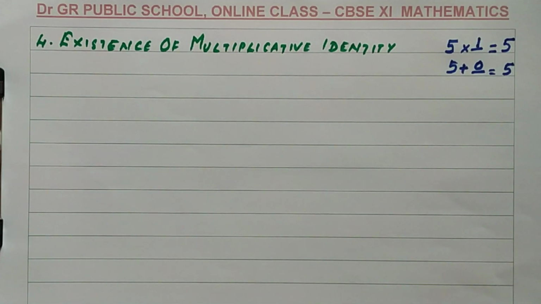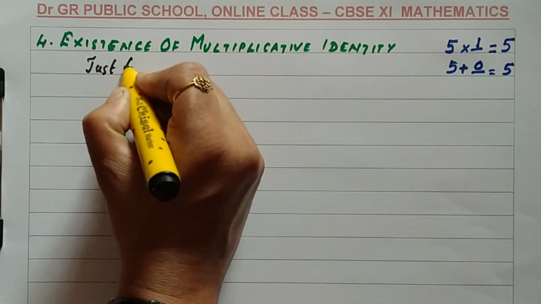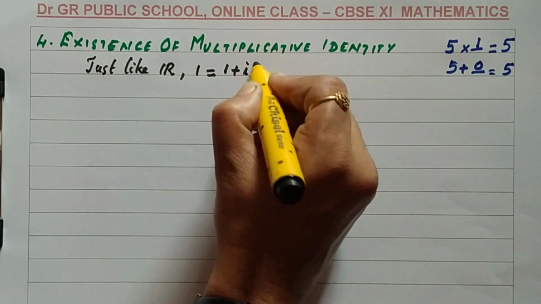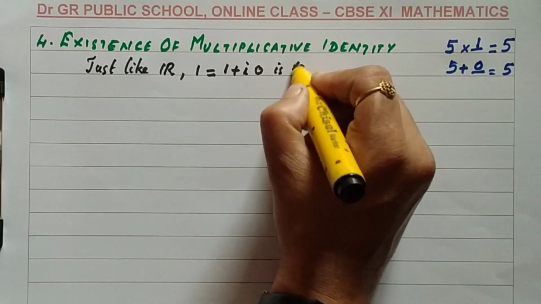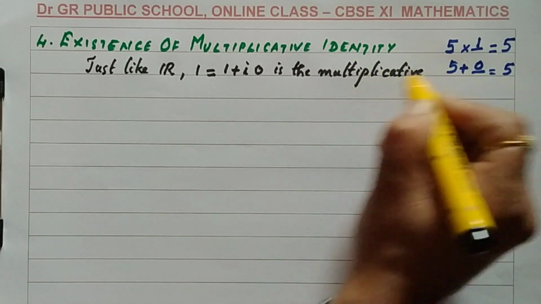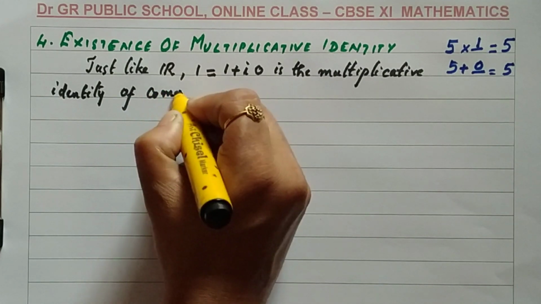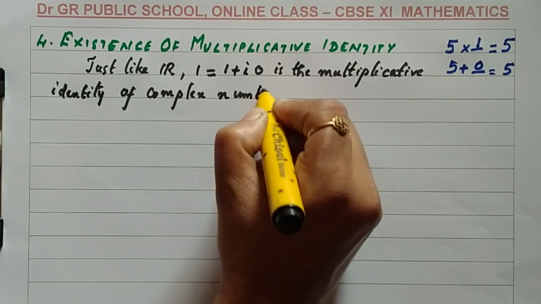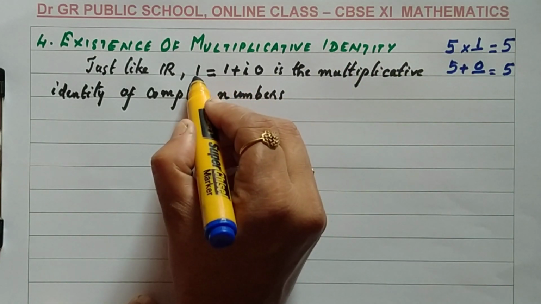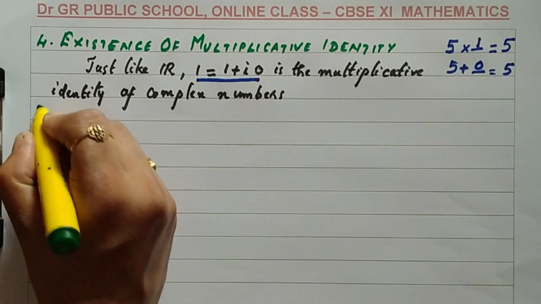But the multiplicative identity, just like the real numbers, is 1, which can be written as 1 plus i0, with the imaginary part 0. This is the multiplicative identity of complex numbers. Now come to the fifth property.